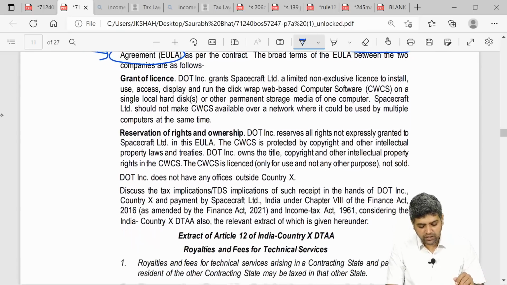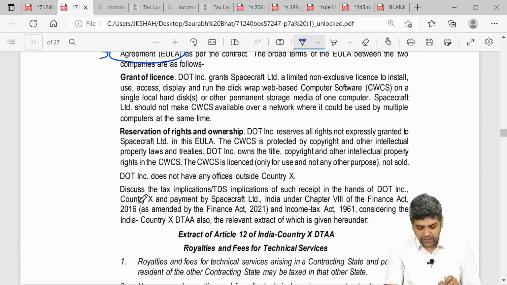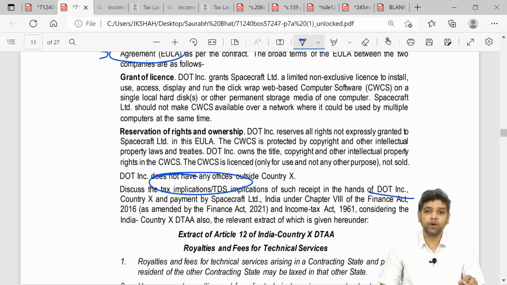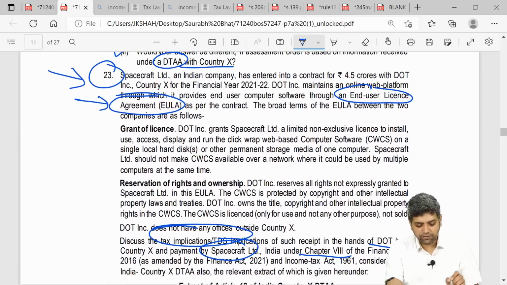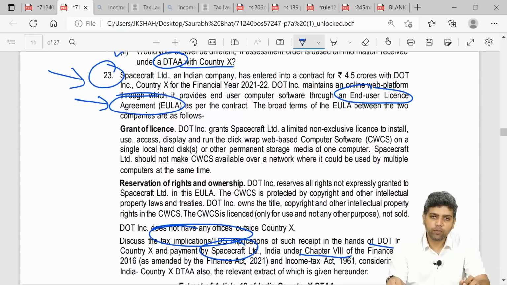In the question, they have asked us that will there be any implication of TDS TCS in the hands of the person who has availed the software, and correspondingly whether there will be equalization levy implications as far as the seller of the software is concerned. Now please understand, because this person seller qualifies as an e-commerce operator, the provision of equalization levy definitely applies to the seller.